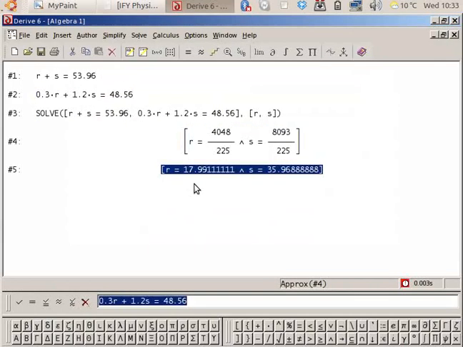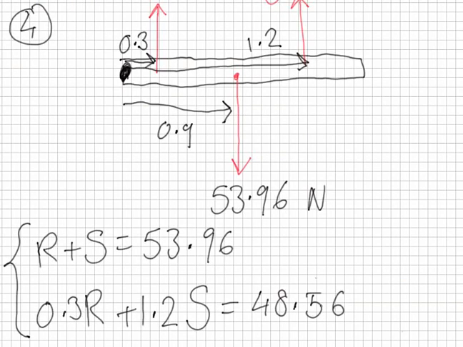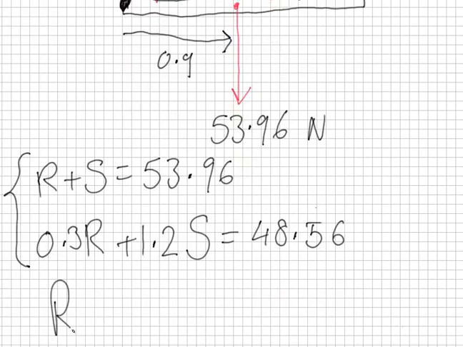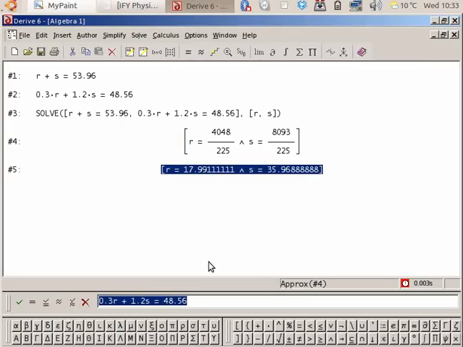So you get R is 17.99, so basically R is 18 newtons. And then S is 35.97.